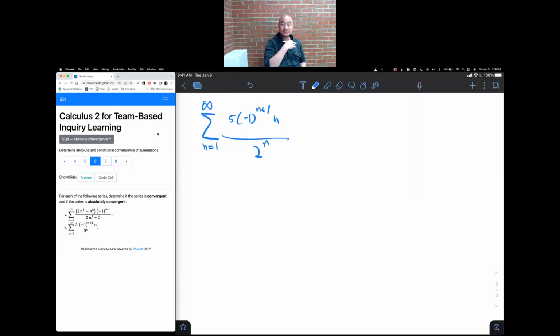And we want to know if this is convergent or divergent, or is it absolutely convergent?